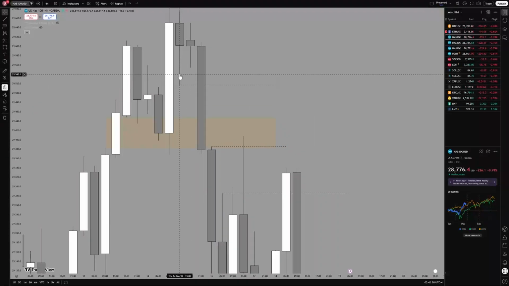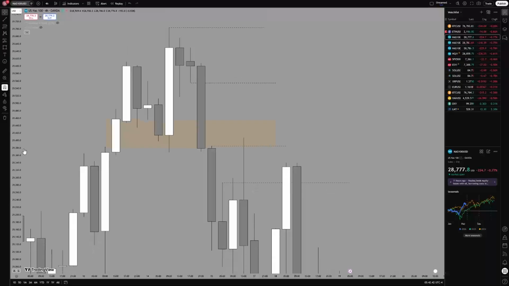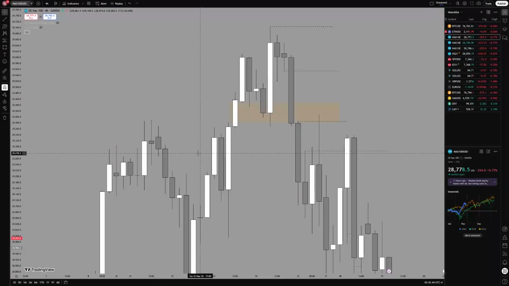That low right there is the, well, actually, no, I was wrong. Damn. So if you go in the lower time frame, if this lets me draw this correctly, please. This right here is a low, this right here is a high. And between these two lows and highs is a higher time frame fair value gap.